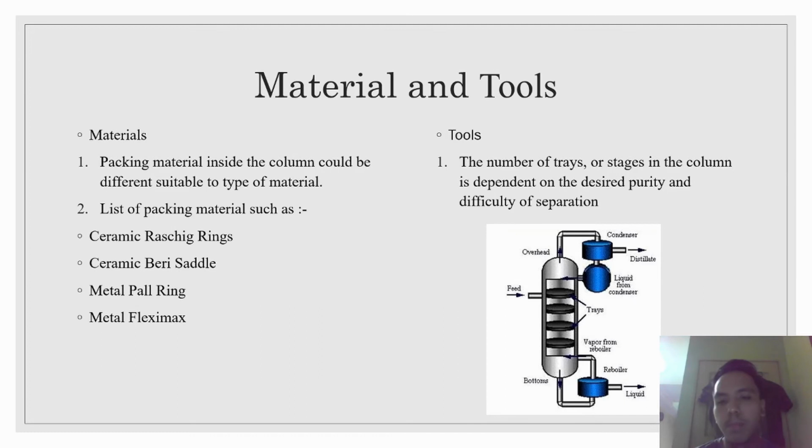From the picture, we can see that there are many tools for the packed column, for example the tray, the feed inlets, the liquid from the condenser or from the heat exchanger, and then the bottoms for the liquid to flow out.